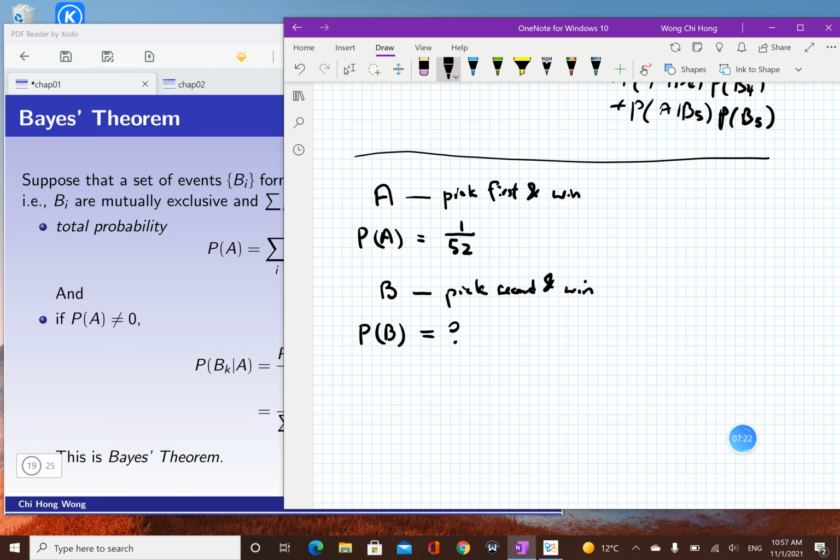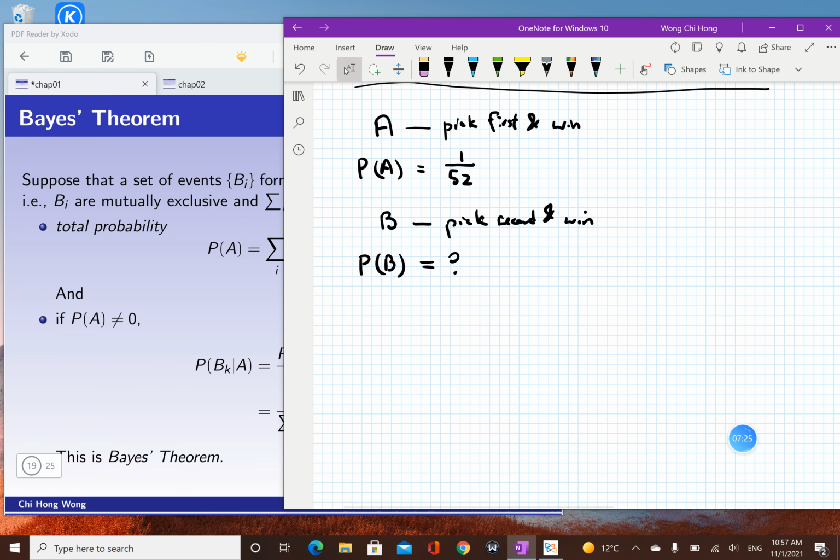Well, now we've just discussed that. It kind of depends on whether your friend would get a card first. You see, we have this as a total probability.